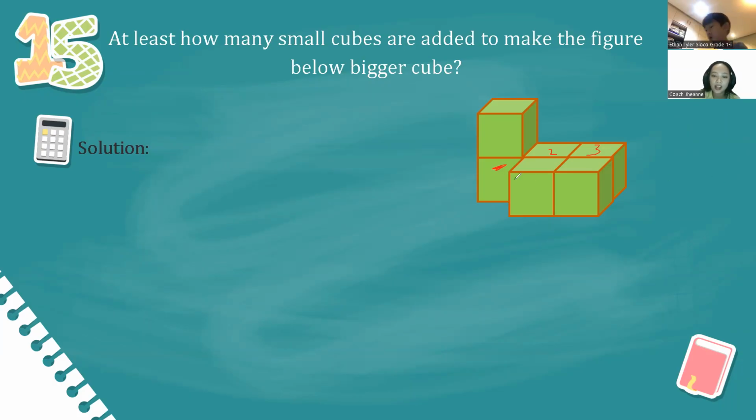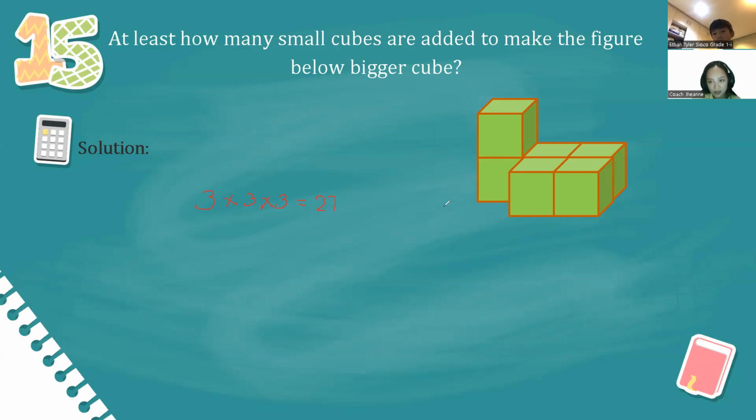So we can assume that this is the longest possible side of the cube. So to have a bigger cube, this one as a whole is not a cube, right? So to have a bigger cube, we will have 3. Since the longest possible side is 3, we have 3 times 3 times 3. That is equal to 27.